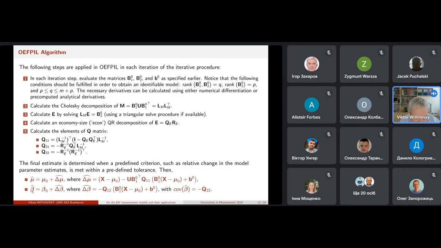And similarly, we can evaluate the best linear unbiased estimator locally at the initial values, which is given exactly here. We can also calculate directly the covariance matrix or uncertainty matrix of the estimated measurand or estimated parameters beta, which is directly given as the negative part of the Q22 matrix, which is given here. So everything is clear.